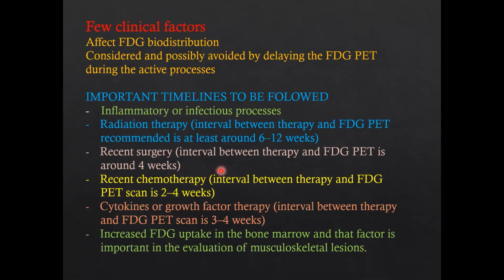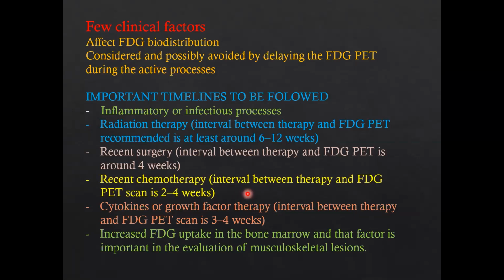The same happens with surgery: post surgical inflammation makes it very difficult to distinguish the primary lesion from the post surgical inflammation, which also will have significant uptake. So it is not advisable to do the PET within 4 weeks of surgery. Chemotherapy can also cause post chemotherapy changes that give false results, and the same applies to growth factor therapies.